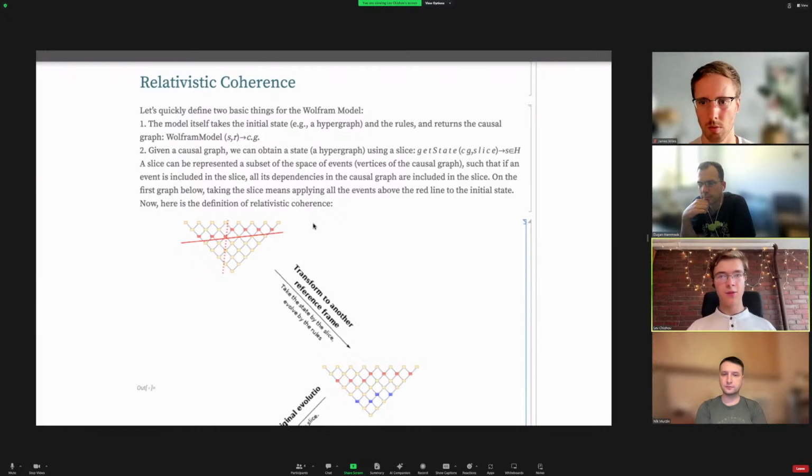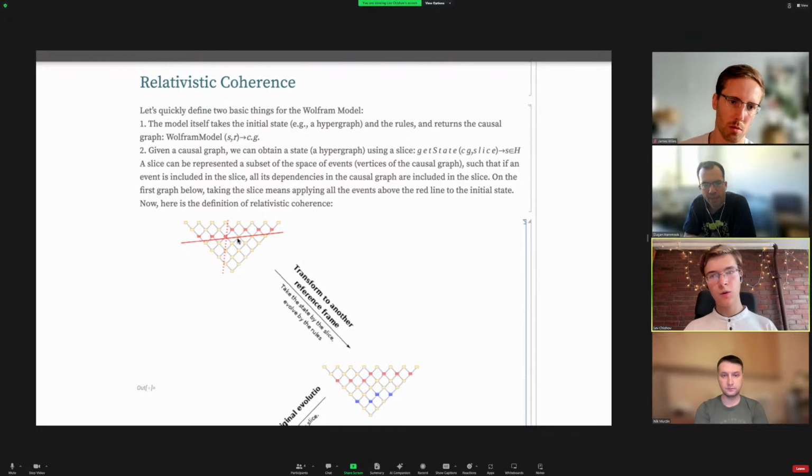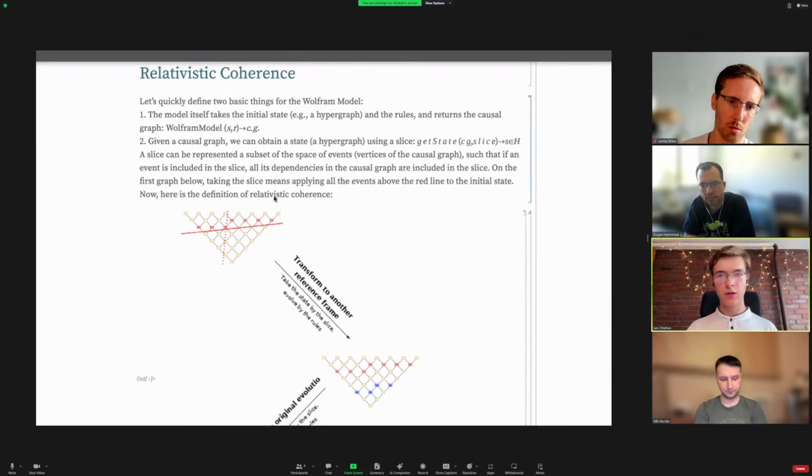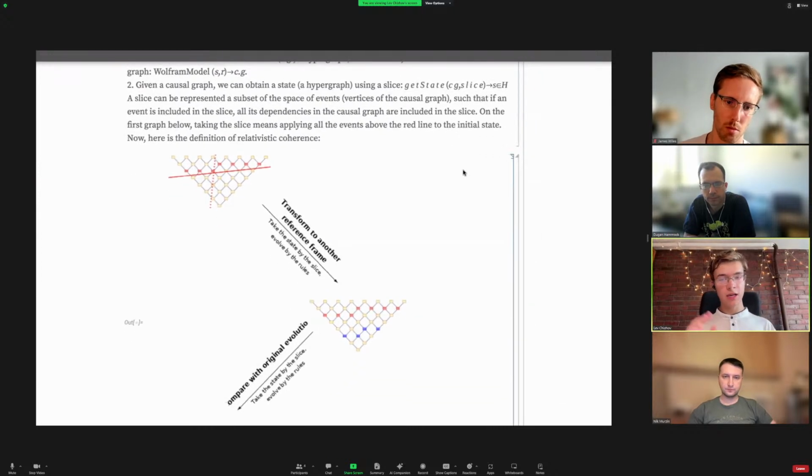A way to apply an infinitesimal Lorentz boost, a way to get the state in the other reference frame, is through this. Once you have the state in another reference frame, you can treat it as the initial state there, and you can apply the same rules to it that you would in the original reference frame. Yeah.